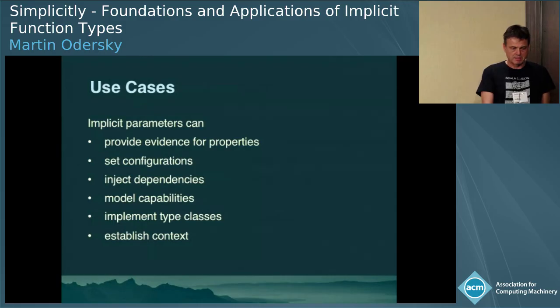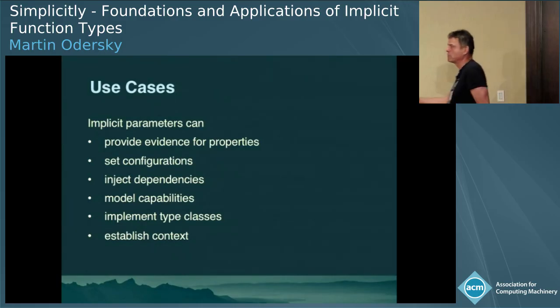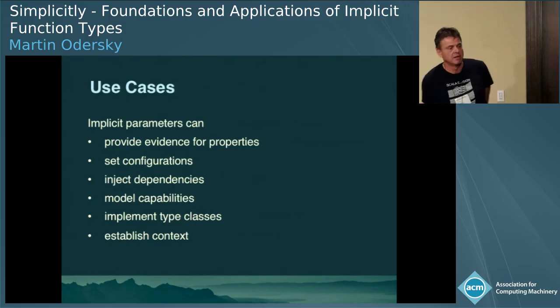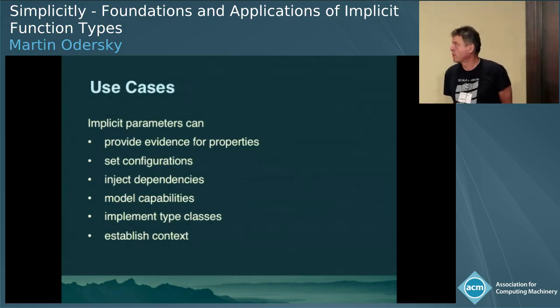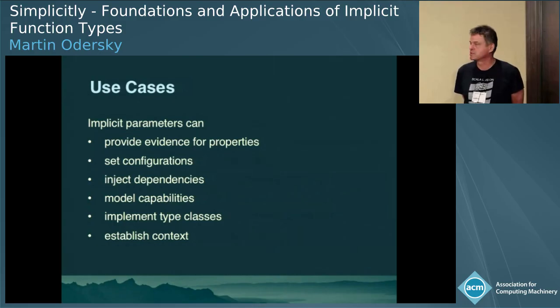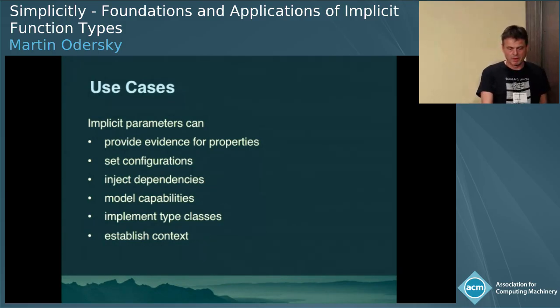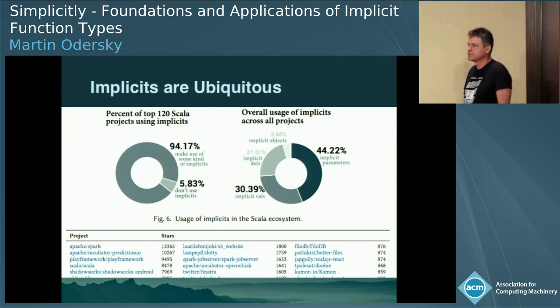And implicit parameters used that way have quite a lot of diverse use cases. They can provide evidence for properties, set configurations, inject dependencies, model capabilities, implement type classes, and establish context in a very general way. And so it's no wonder that implicits are really ubiquitous in the Scala ecosystem.